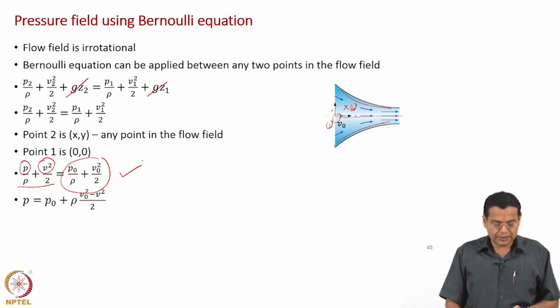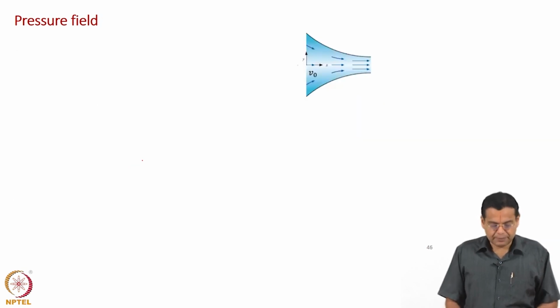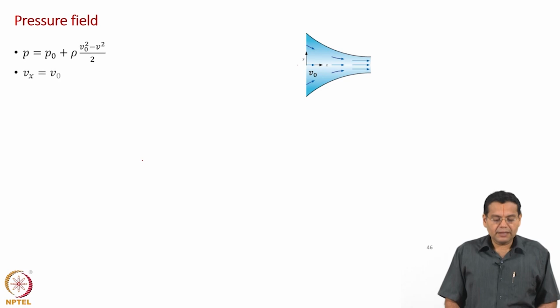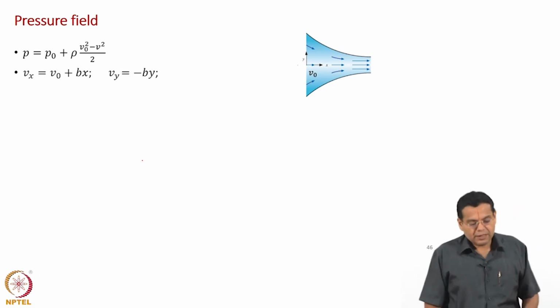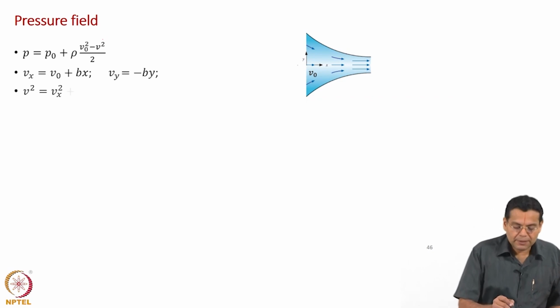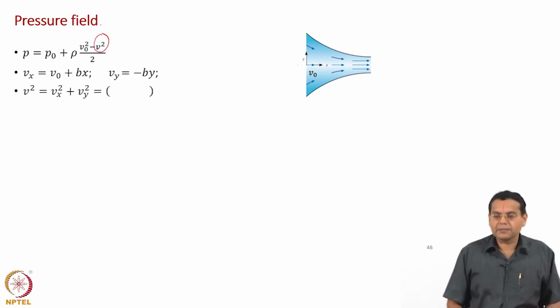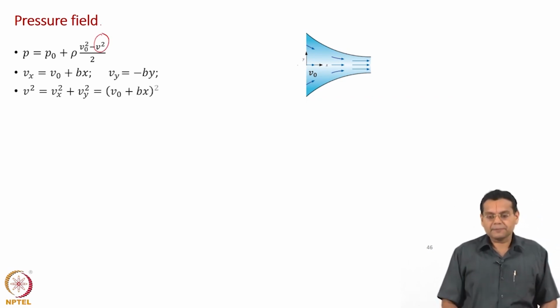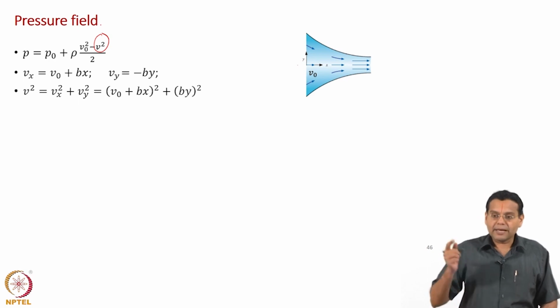Let us see how we express this in terms of x comma y. So let us rewrite that expression, okay. Now we are given the velocity field, which means we know Vx as V naught plus Bx, we know Vy as minus By, which means I can find out V, which represents the magnitude of velocity at any point x comma y.